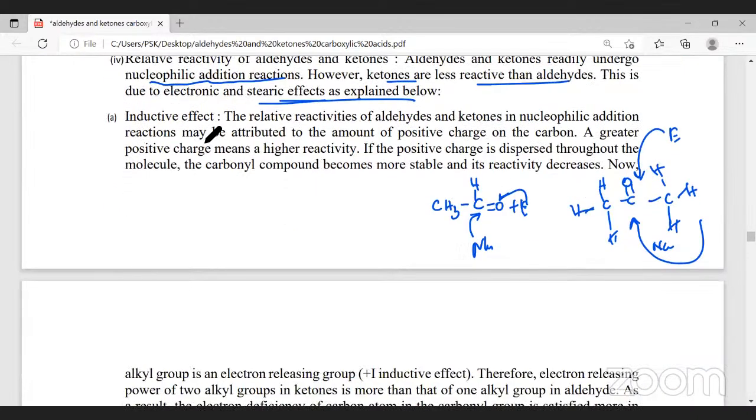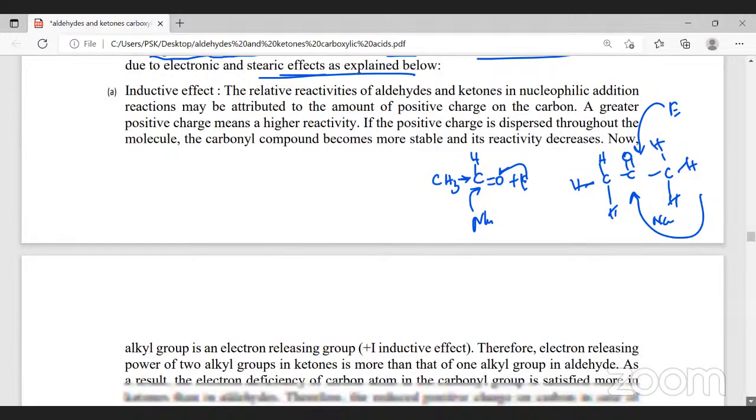For these reasons, we don't require the inductive effect and all that. Inductive effect, again, if I have to tell, I'll finish it in one statement. This alkyl group is an electron donating group. So the electron pair will be moving towards carbon, and electrons will be moving away from oxygen. So the carbon becomes more electron rich. All this detailed explanation is not required.